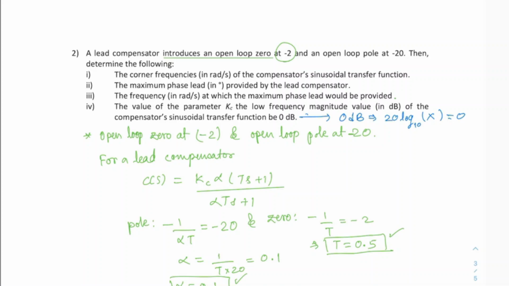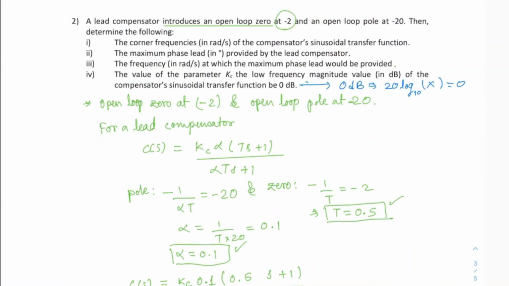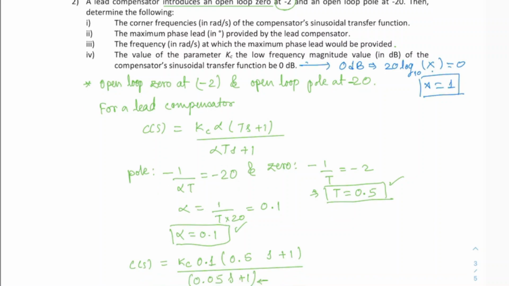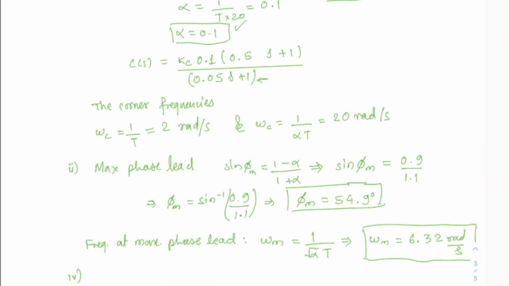When would the log be 0? The log function would be 0 when x is equal to 1. So that means when we take the limit, the value should equal 1.